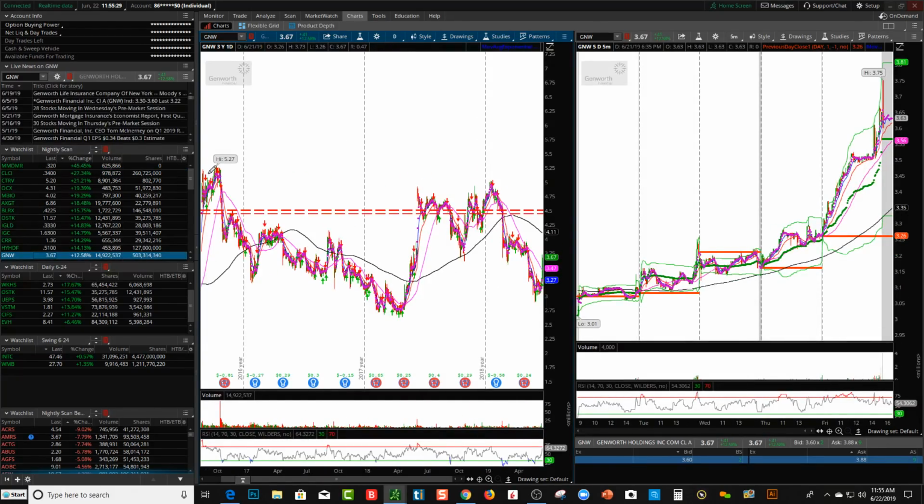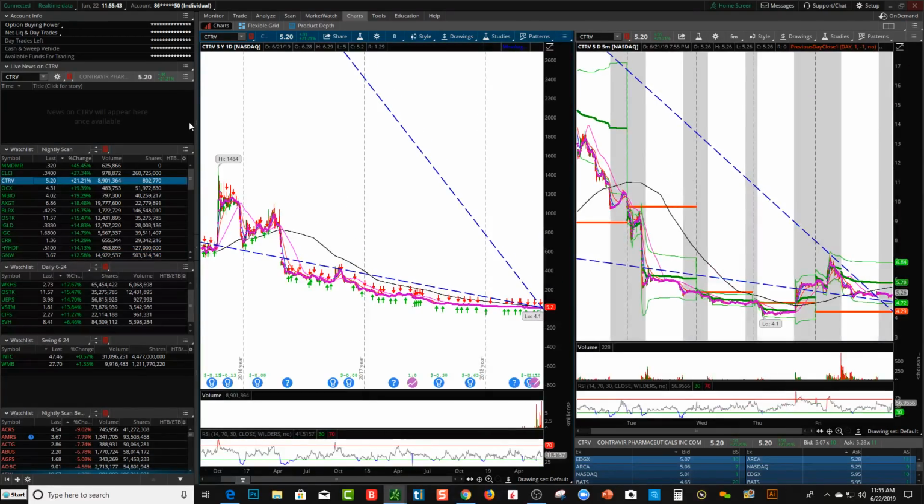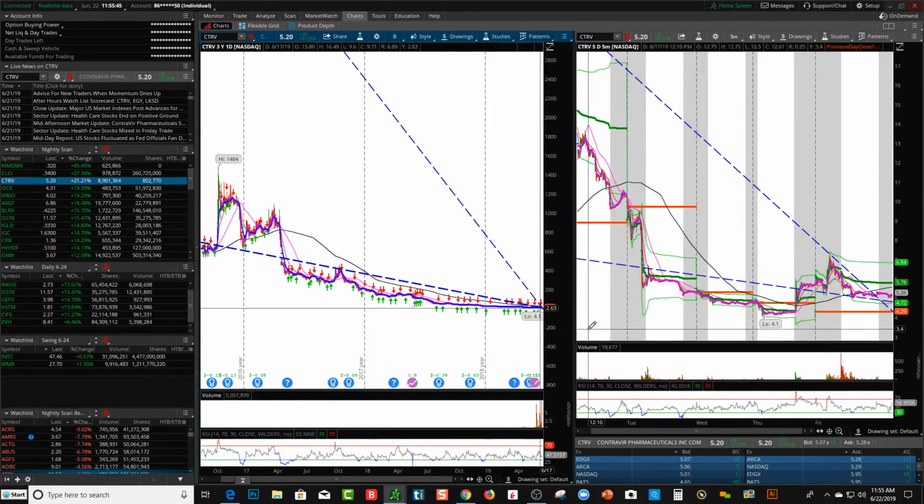GNW. You can see it's still a crappy looking chart trading sideways, but there is more of an ebb and flow. Again, take a look at CTRV, your typical penny stock low floater, just all the way down, and then it gets these pops along the way.